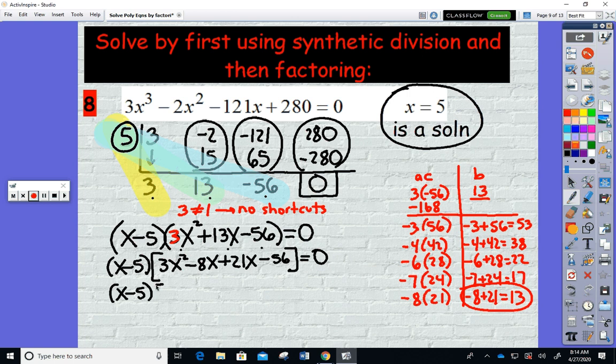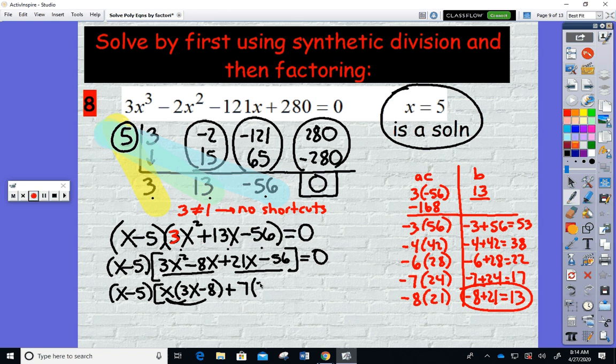So I see right here that the only GCF is x, and I'm going to have 3x minus 8 on the inside. Check. 3x squared minus 8x. On the 21x and the 56, I think 7 goes in. Drop the plus down. 7, I think, is the largest. I don't think 14 does. No, because 14 doesn't go into 21.